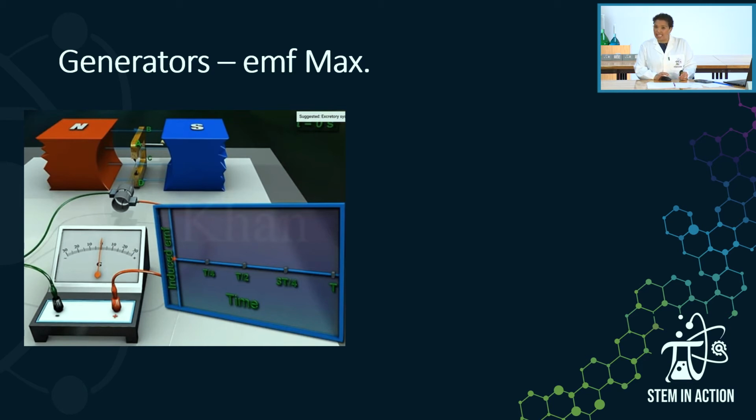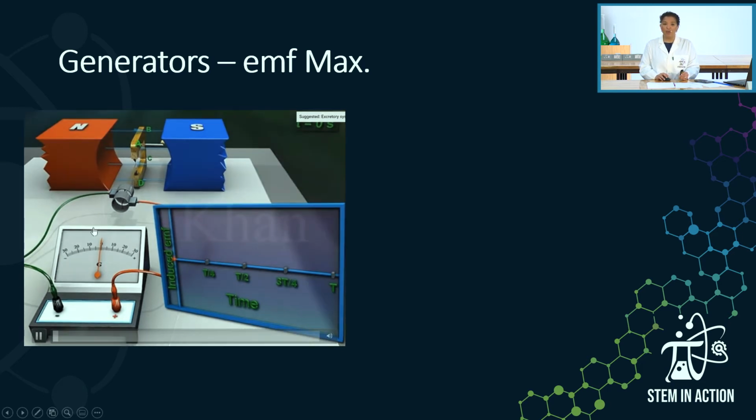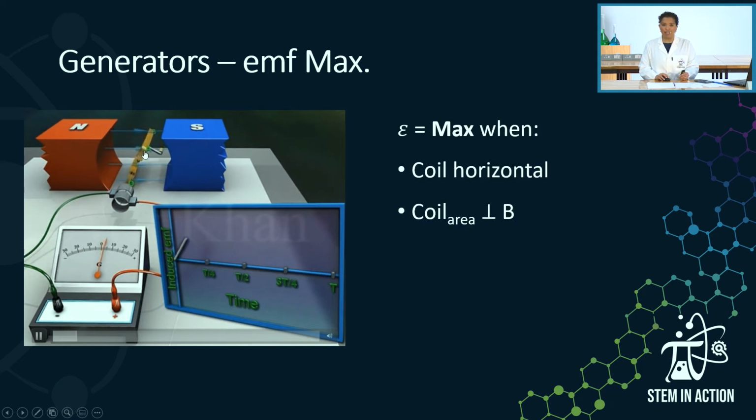In the same way, a galvanometer will deflect in the direction of potential difference. So if we have a look here, and let's play this, it's quite slow, so we can see how this coil is rotating. And let's have a look at our graph. It's approaching the horizontal position, and I just want to stop it right there. So let's compare.